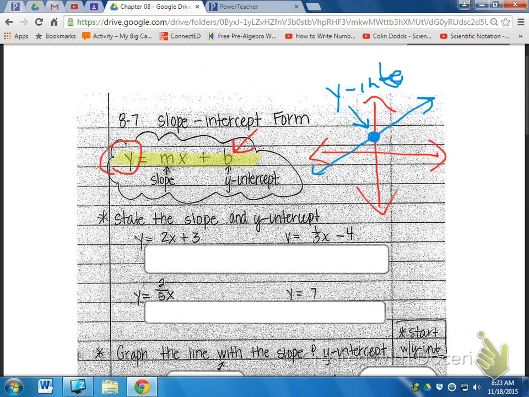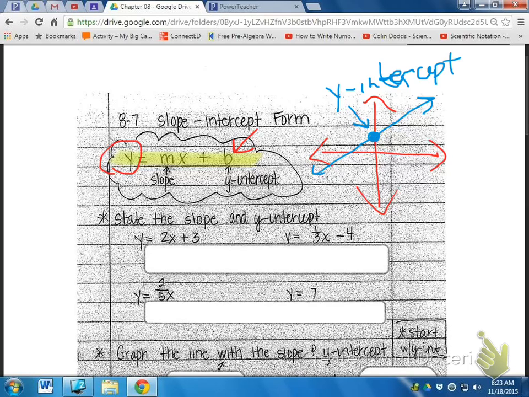And when you have the slope-intercept form, that's telling you exactly where it's crossing the y-axis, and that's how you'll start graphing these. And we're going to graph lines today.